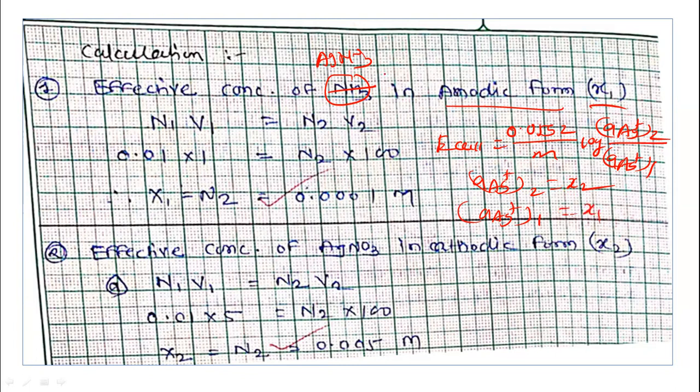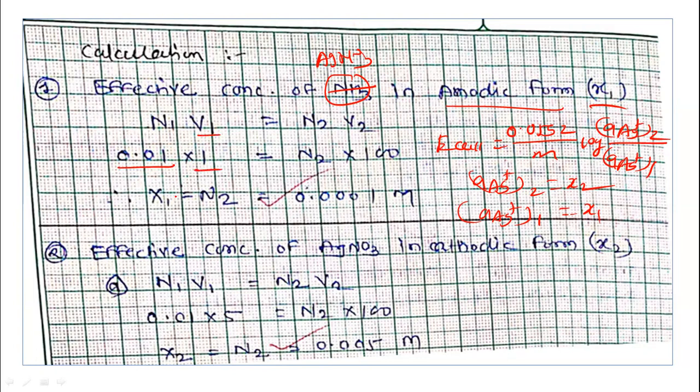So the effective concentration of the silver nitrate in the anodic compartment, X1, we can determine by using N1V1 equal to N2V2. N1, the normality of the silver nitrate, is 0.01, that is given. The volume we have taken is 1 ml.